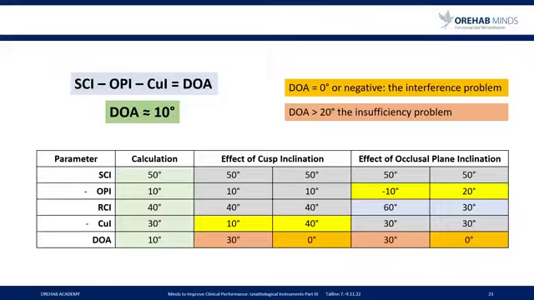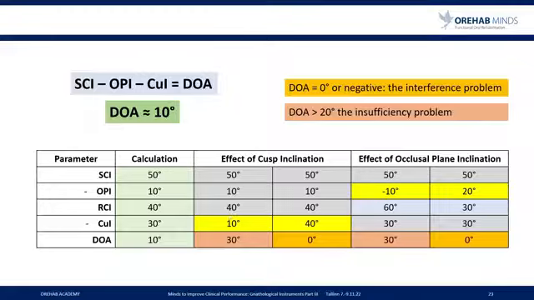This is a slide from our seminar Minds to Improve Clinical Performance, Gnatological Instruments, which took place in Tallinn in November 22. So we calculate this disocclusal angle and we said approximately 10 degrees is our target. Here we have in this table the effect of cusp inclination.